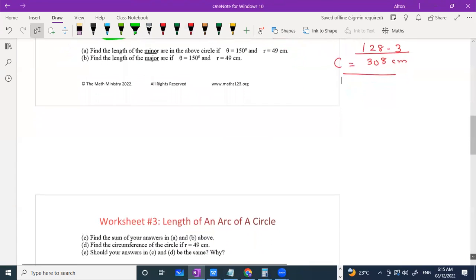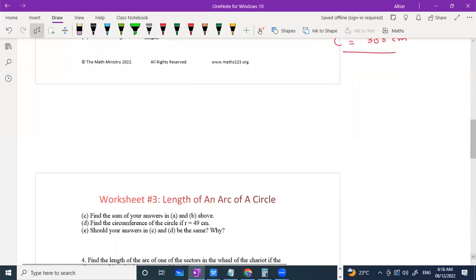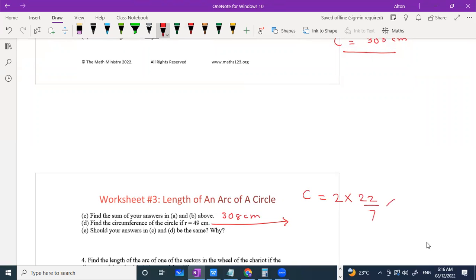Okay, so we know that is going to help us answer part C of the question. So part C is saying find the sum of your answer in A and B. So we got it as 308 centimeters. Let's proceed to confirm that by calculating the circumference. Circumference is 2 by pi by the radius, which we said was 49.